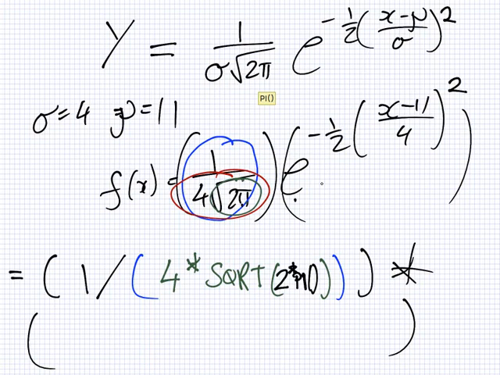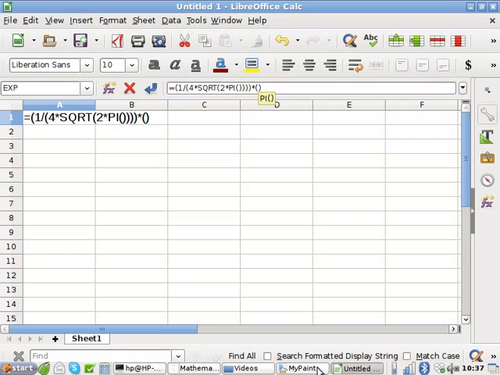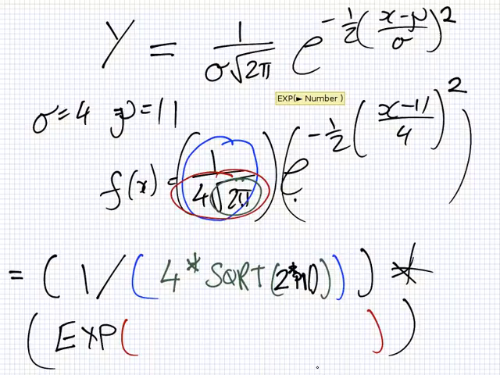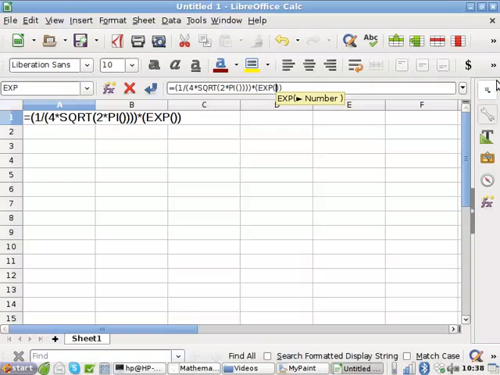E, you type it like this: EXP, exponential, and then the power. So this is EXP brackets. Then you need minus 1/2 times brackets power 2 for this part.